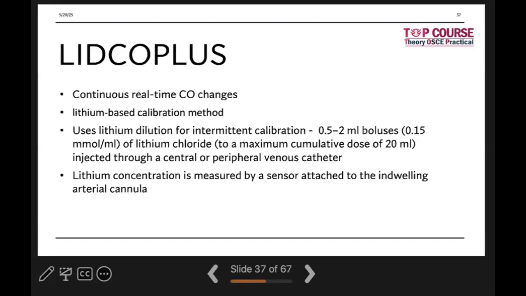It got its name because of the pulse power analysis, not because of lithium dilution. So remember, among the LiDCOs, LiDCO plus is the one which uses lithium dilution as the intermittent calibrating technique, and it uses pulse power analysis to continuously monitor the cardiac output.